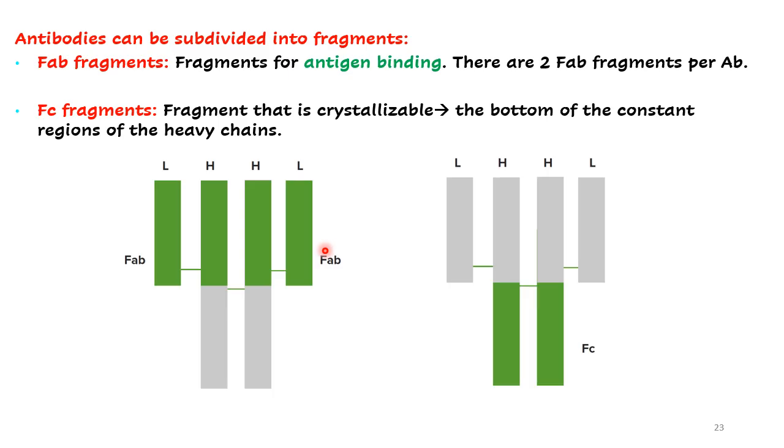The top part is binding, the bottom part is your constant region. Now, one thing about the constant region is that when you run an experiment with it, you can actually precipitate it and crystallize it, but that's information you really don't need, so don't worry about that. So you have binding region, you have constant region.